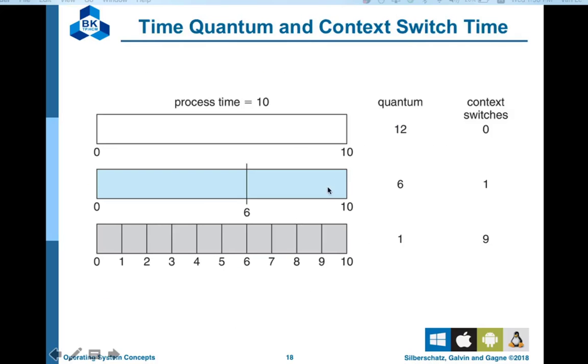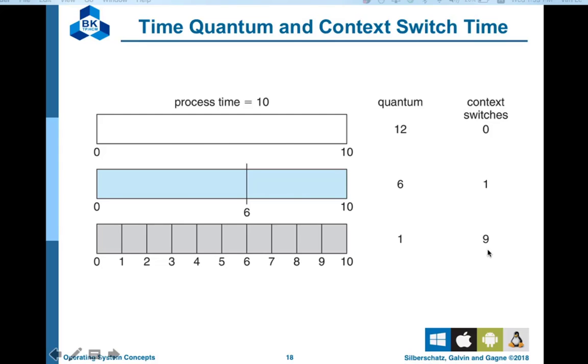So here, for example, if we have quantum time of 6, we have only one context switch. If the quantum time is 1, we have 9 context switches. It will increase the overhead of our system.